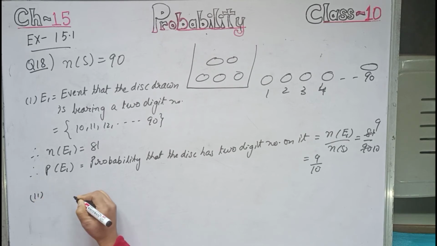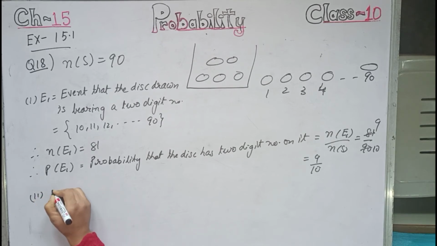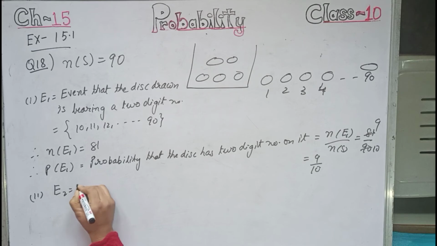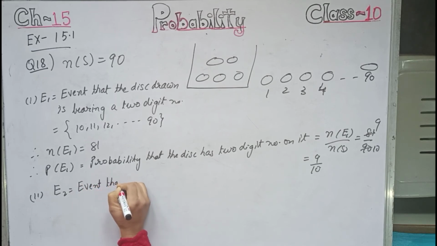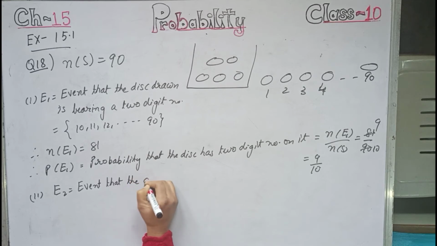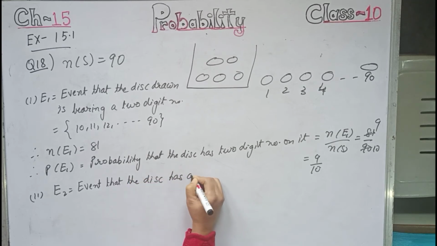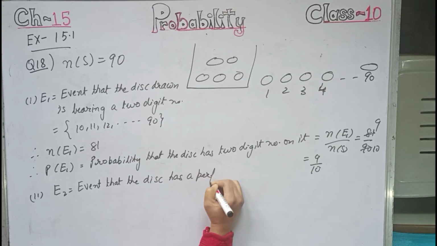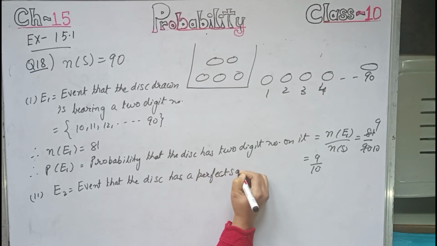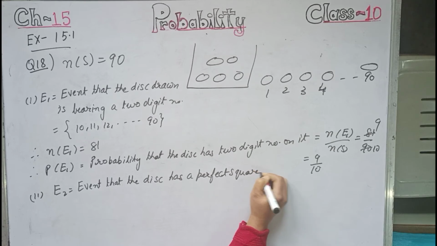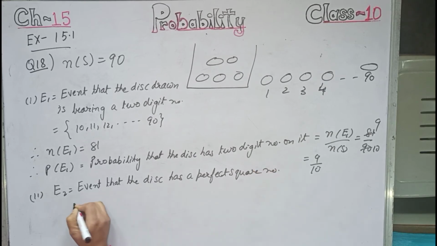Number 2, a perfect square number. E2 equals event that the disc has a perfect square number.